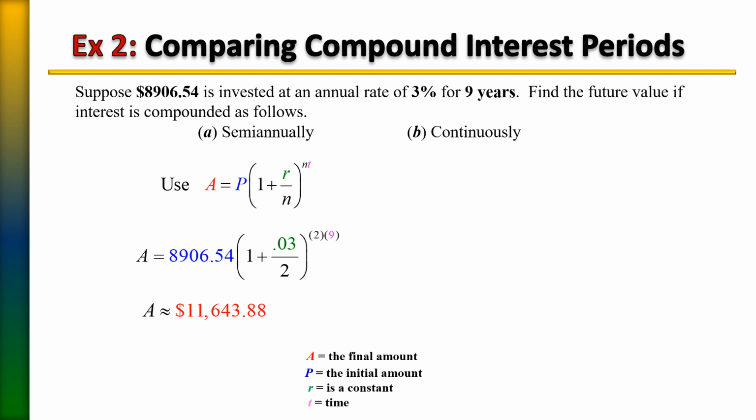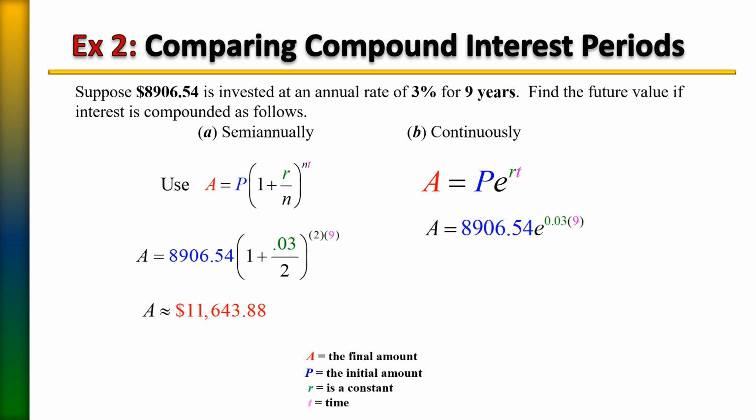Now let's do the calculations for continuous compounding to see how much money we'll have after 9 years. Remember, continuously we use the PERT. We remove the P and replace it with 8906.54. Our rate we replace with 0.03. Our time, we remove the T and replace it with 9.